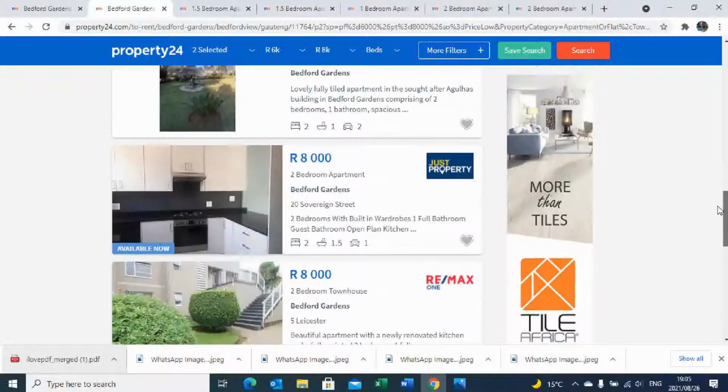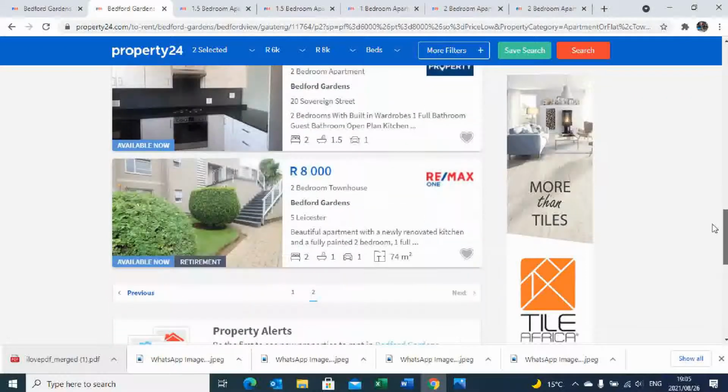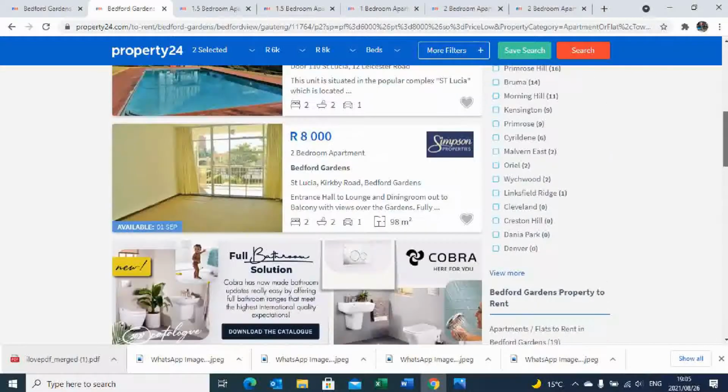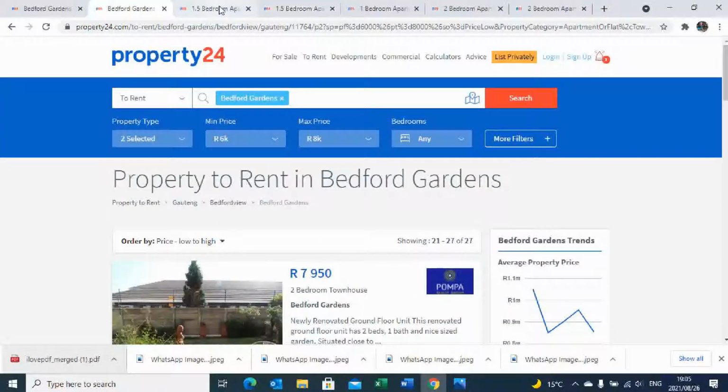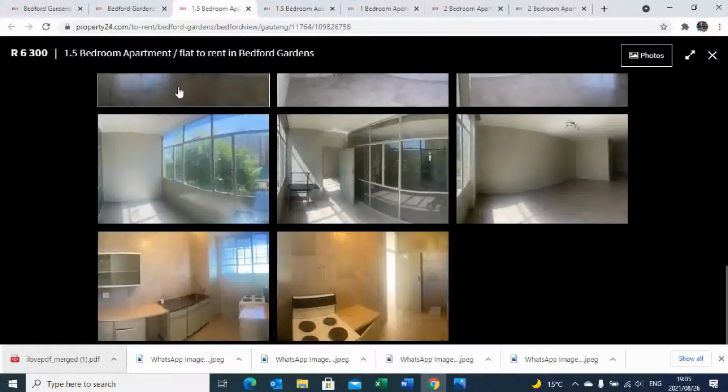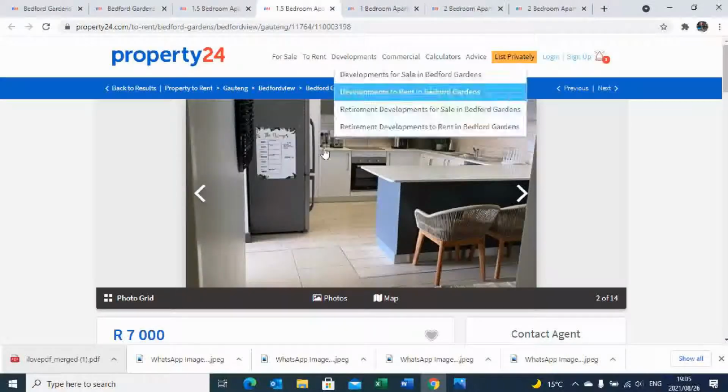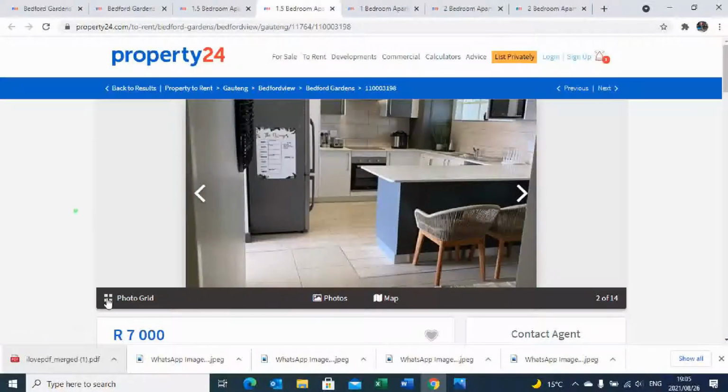You don't want to overprice the thing and then it does not go. 74 square meters, 8,000. Okay, so now let's see what we can pick up here. We picked up 6,003, 1.5 bedrooms, and then 7,000.